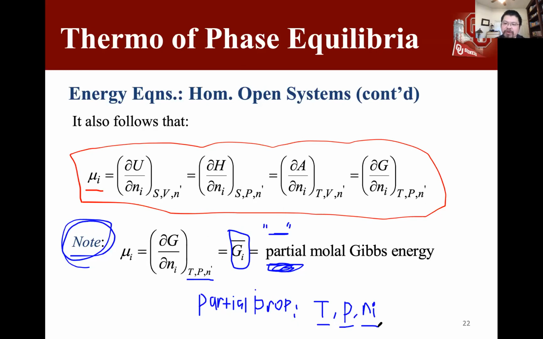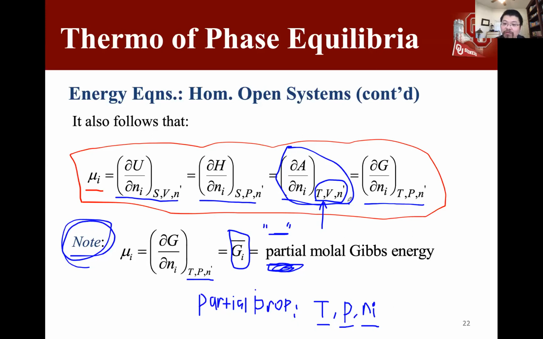This is very important because now if you look at the chemical potential, we have four different ways of expressing this chemical potential. However, that is not qualified to be called partial Helmholtz energy, simply because we don't have the right requirement. Here, the chemical potential in terms of Helmholtz energy needs temperature, volume, and composition as the parameters.